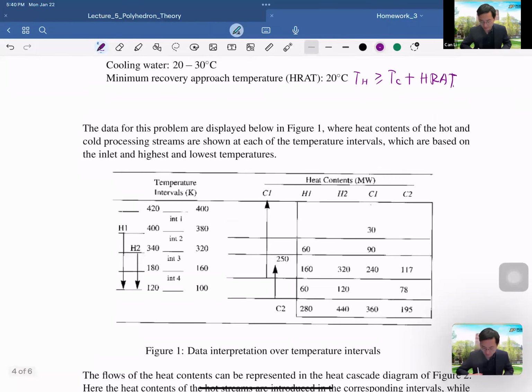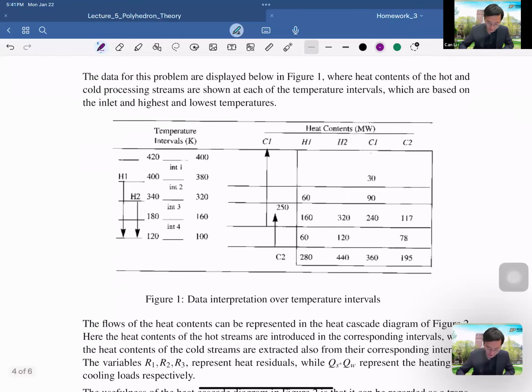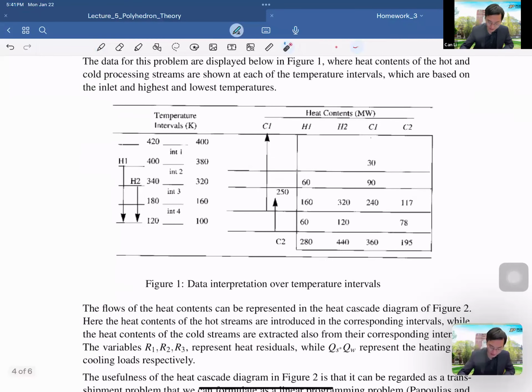Now with that, this exercise problem can help you to formulate this linear programming model for designing the heat exchanger network. First of all, we draw something called the temperature interval. So here's the temperature interval.